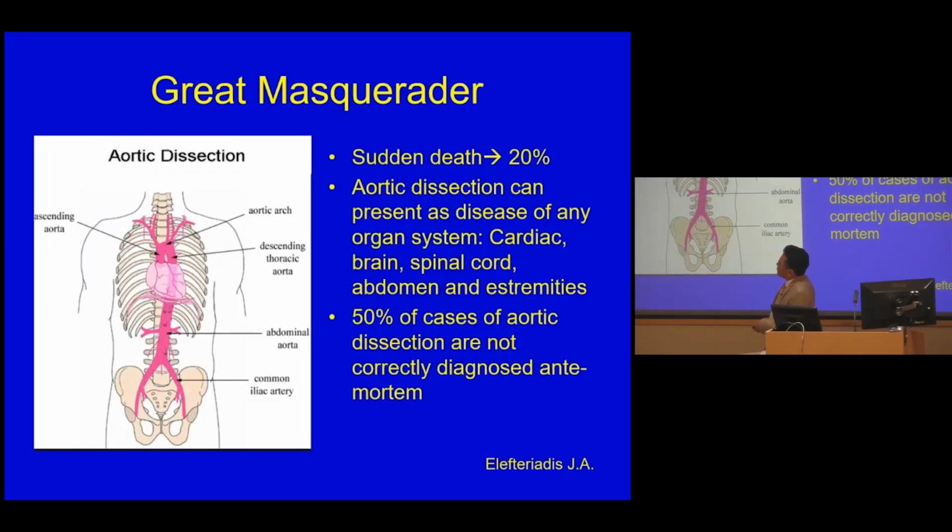Dr. Lefteriades from Yale, I borrowed this slide from him. He calls this disease the great masquerader, because if you can imagine, you have a dissection that occurs proximally at the sinotubular junction. This can actually cause a rupture, which can then cause tamponade, and the patient presents with cardiogenic shock.